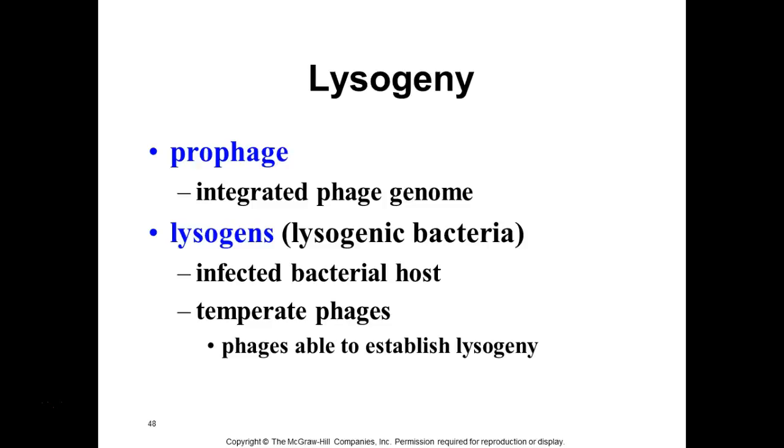Lysogens or lysogenic bacteria, that's referring to the bacteria that's infected. The name for the phage, the viruses that infect, is temperate. And so therefore they're able to establish what we call lysogeny, where they're basically hiding out.